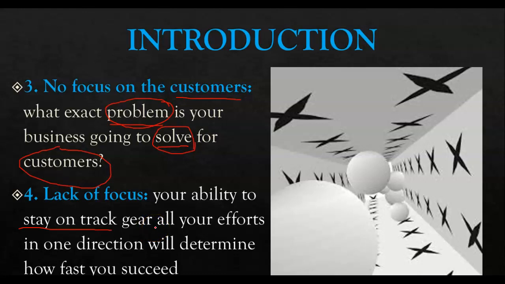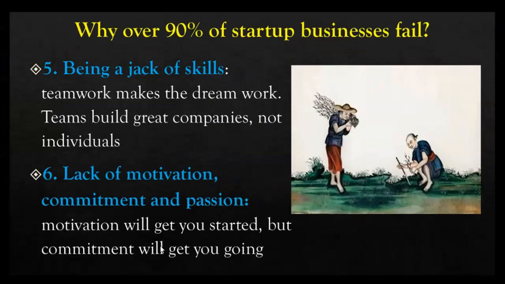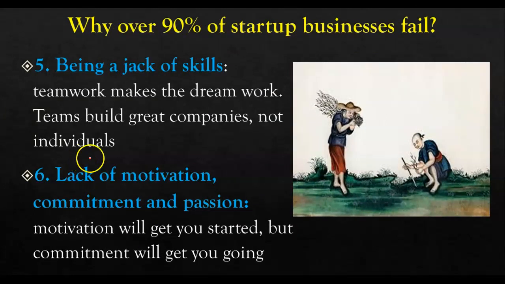According to Bill Gates, he said if you want to be a software company, then be a software company. You have to stay on track. Focus. Okay, if you are not going to stay on track, then your business is not going to work.